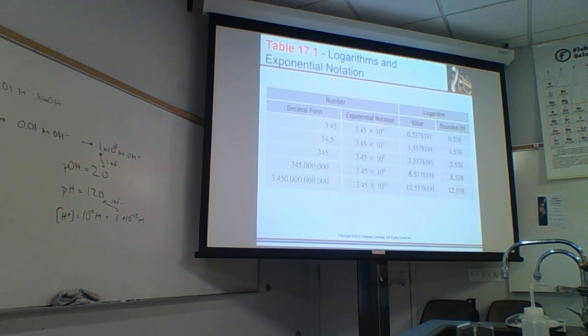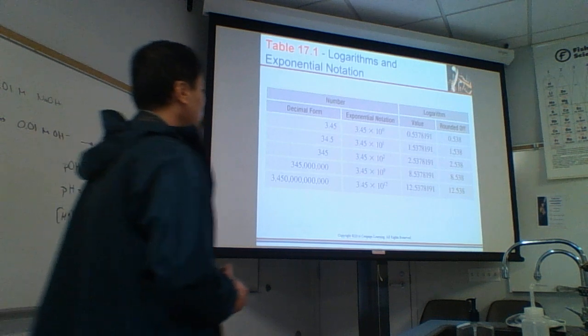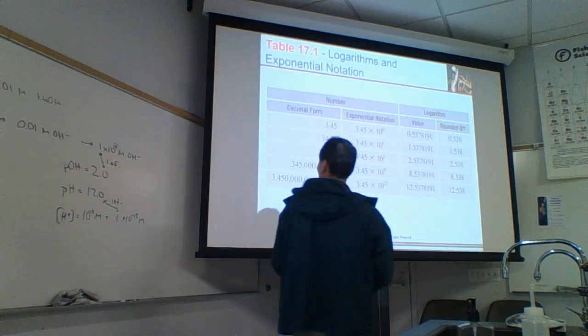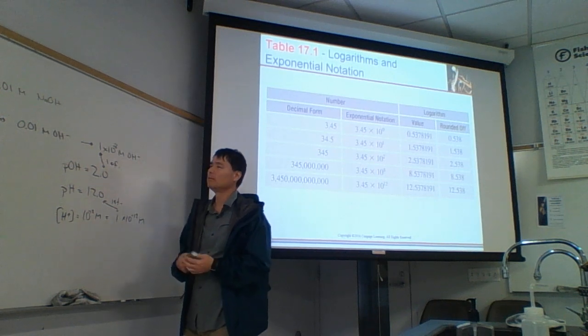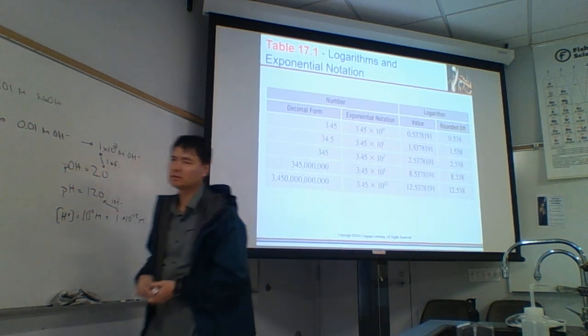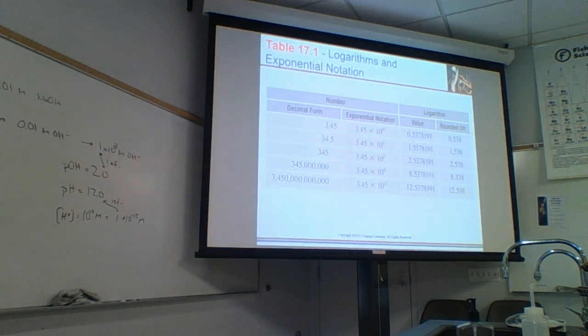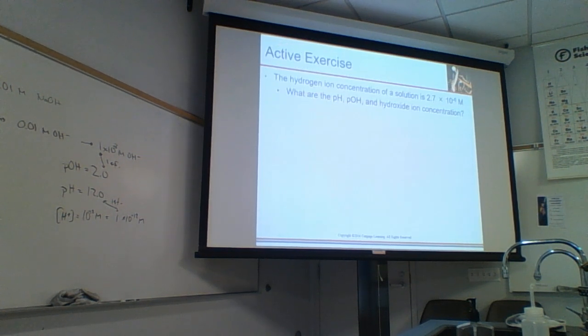Okay, so far the coefficient's always been 1. But we might have non-integer coefficients, or it could be 2, that could be an integer. And so here we have to use a calculator.